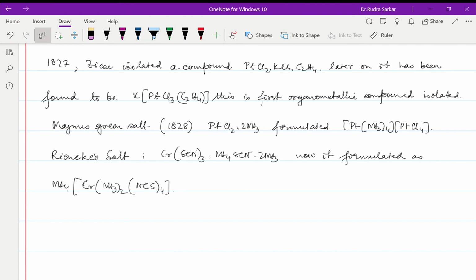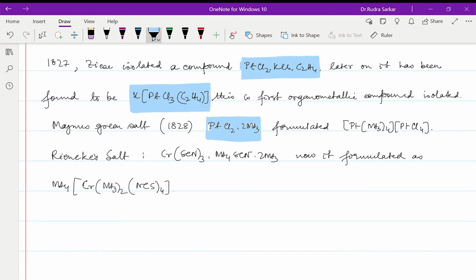How is the change in the trend? Initially these were written like that, and after Werner gave his theory, the same salts were given a new type of formulation, in which we have the concept of keeping something inside a third bracket, and the rest is outside the third bracket.